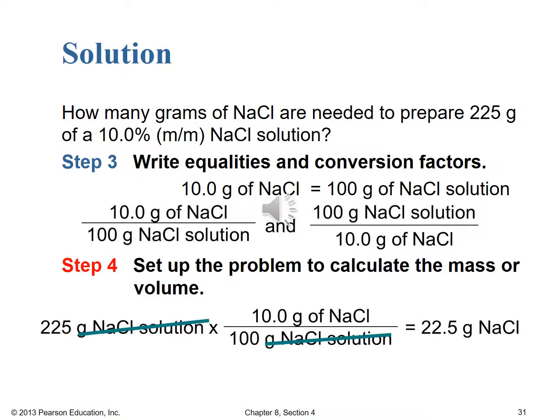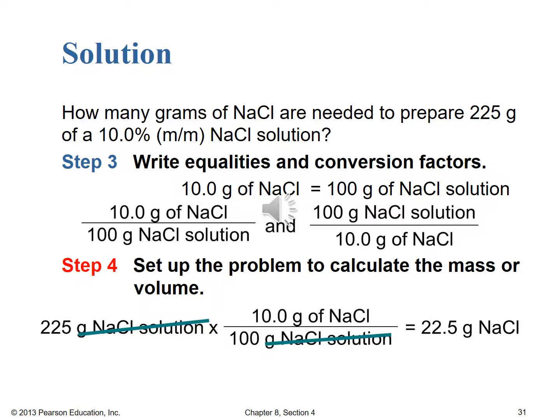All right, now moving on to step 3, we can write our equalities. Because it is a 10.0% mass per mass solution, we can say that 10.0 grams of NaCl equals 100 grams of NaCl solution. And that 100, of course, is an exact value, and the 10.0 grams is a 3 sig fig value. Then we can express it with either species in the numerator or denominator of that equality.